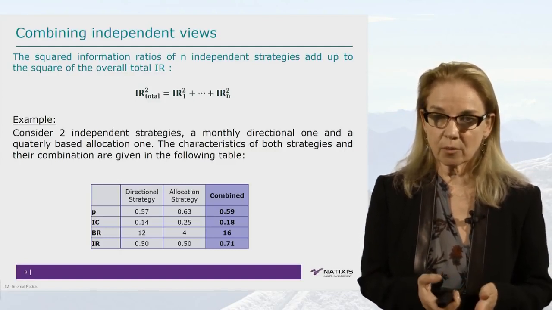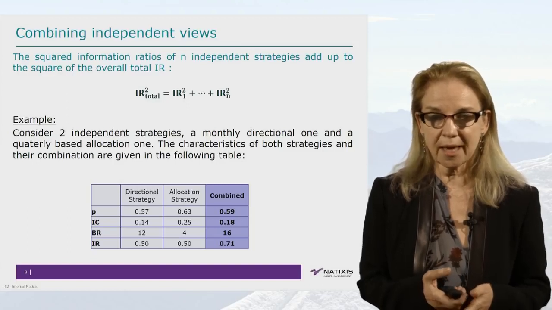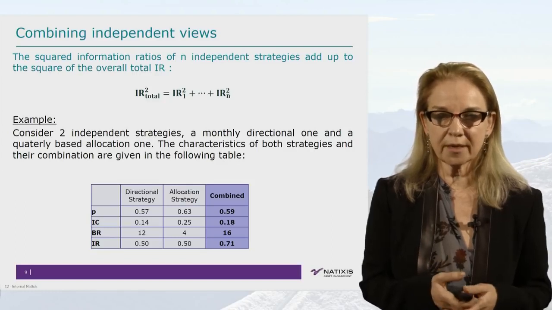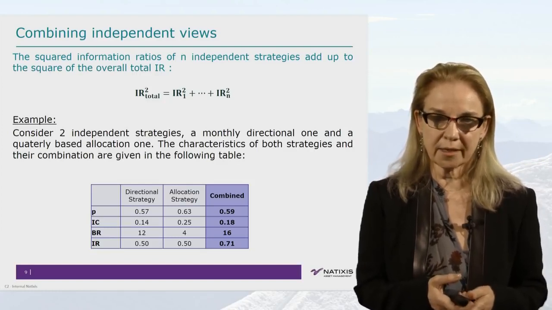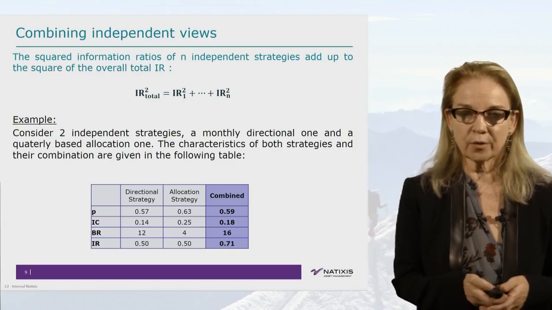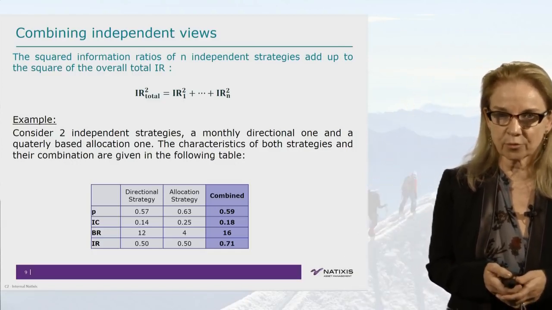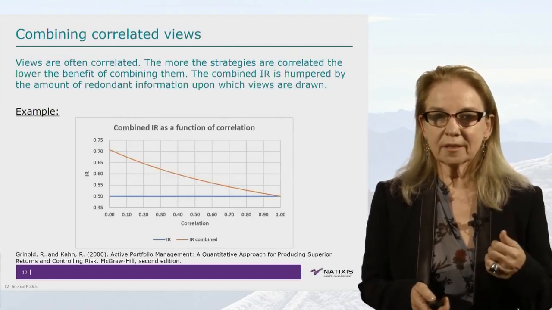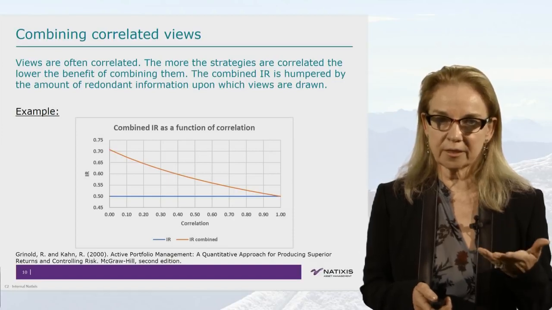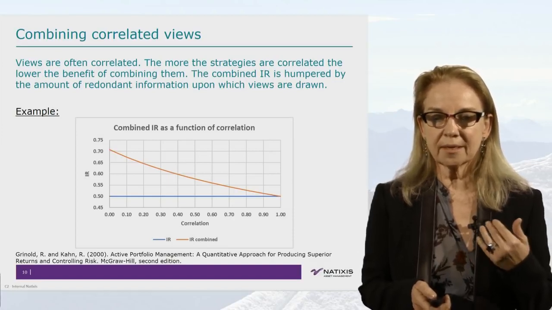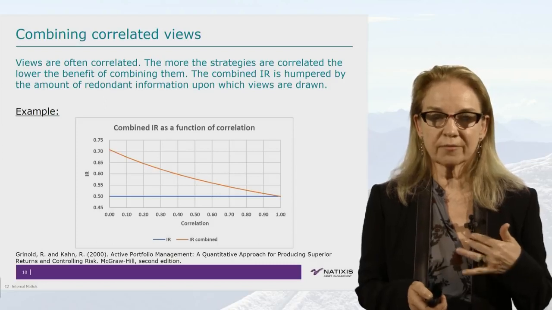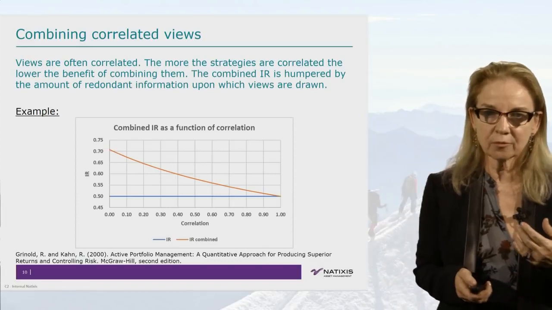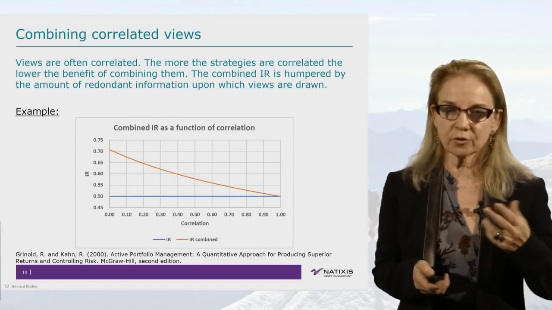And you have the breadth of the combined strategy, which is 16. And using the previous equations, you find the IC and you find the probability of being right. But the information ratio is obviously increased because of that. If you have a combination of correlated views, it will be less beneficial, of course, because the more correlated they are, the less you benefit from the information ratio of the two strategies.